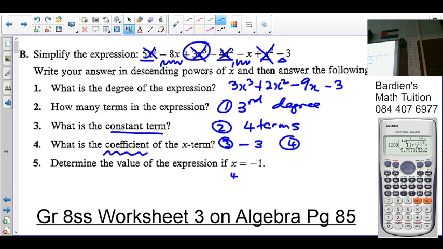What's the coefficient of the x cubed term? The coefficient here is 3. What's the coefficient of x squared? 2. So what is the coefficient of x? Not 9. Negative 9. Must be negative, because the negative is part of the coefficient. Okay. Any confusion there?